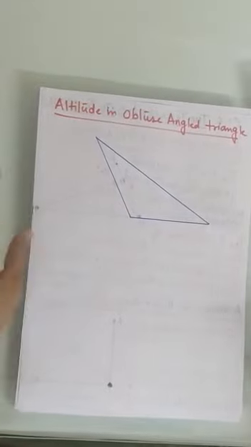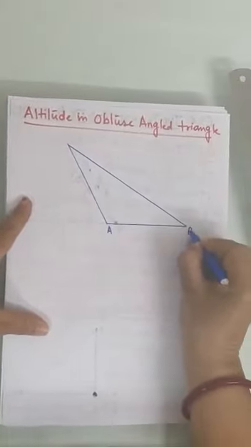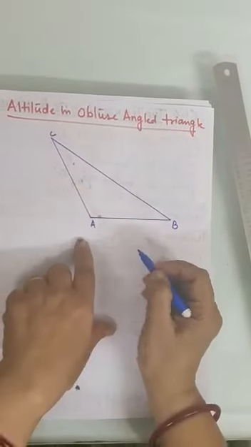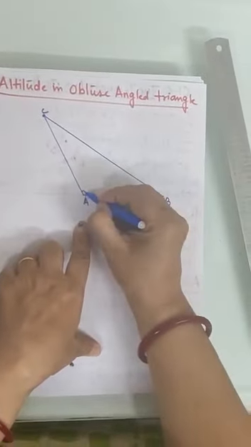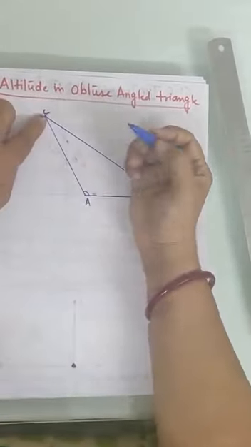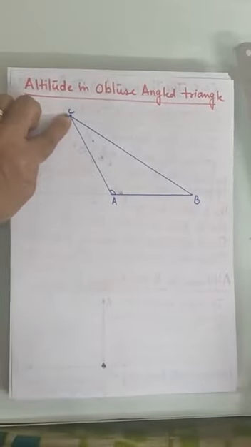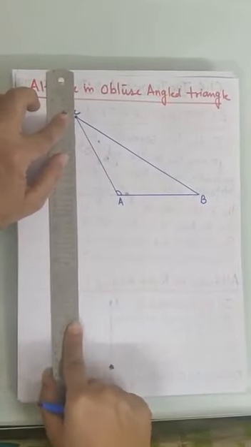Okay, now see here. This is our obtuse angle triangle ABC, right? Now let me start with this. This is an obtuse angle. Vertex C, इसके opposite side क्या है? AB. अब अपने को perpendicular बनाना है, तो perpendicular तो सीधा होता है, यूं तो होता नहीं है. So we have to draw the perpendicular like this.